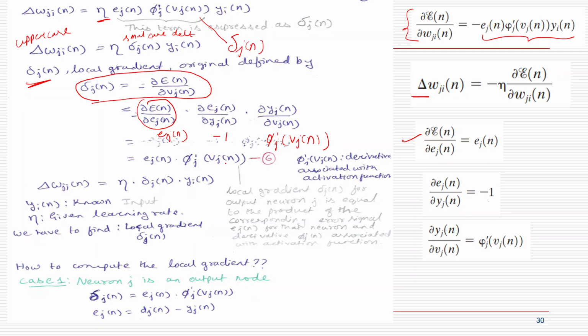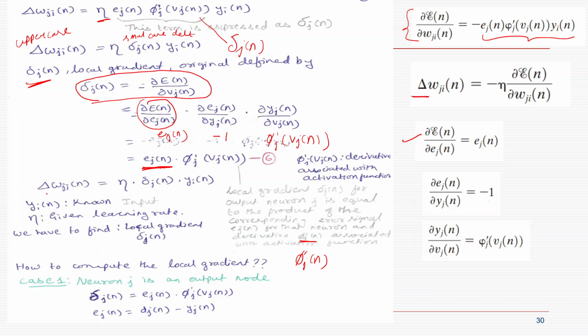We call this the local gradient for the output neuron j, which is equal to the product of the corresponding error signal for that neuron and the derivative, phi dash j, associated with the activation function.